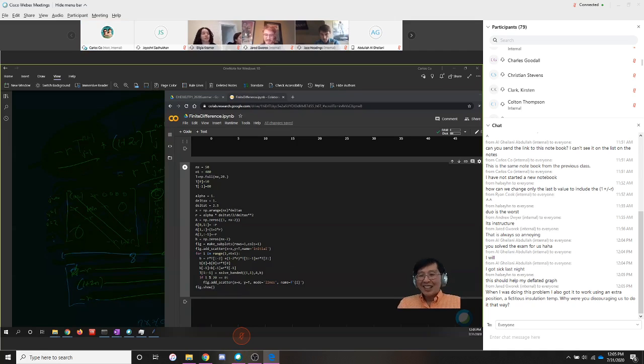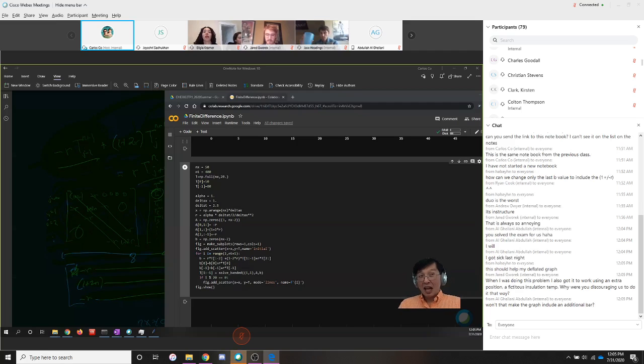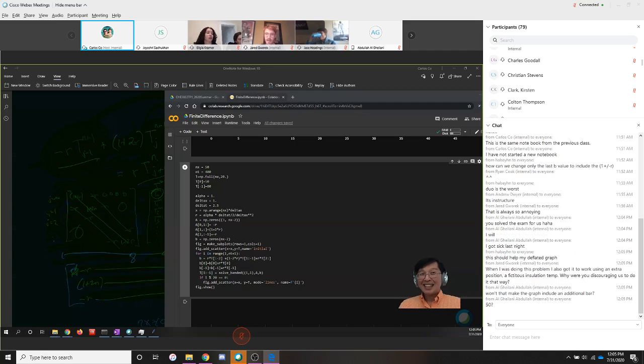If you do it that way, you just have to be a bit careful about other things, for example not plotting that extra temperature. Of course, visually you'll never see it, but if you hang on to that, your bar is one unit longer.